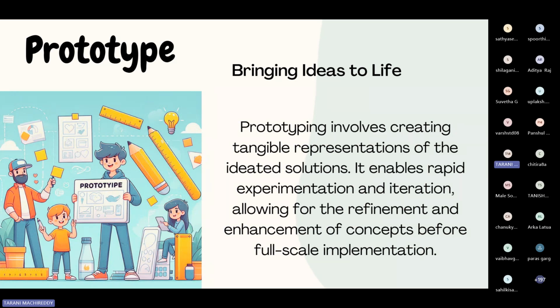We can make a prototype for this app by making some wireframes, etc., and just check whether they'll all fit or not, whether they are possible or not. So that comes to the prototype phase.